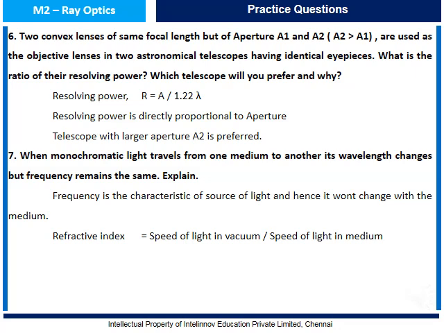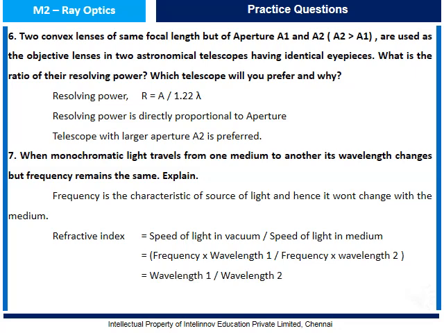Speed in turn can be given as frequency into wavelength. Thus speed of light in vacuum is frequency into wavelength 1 and speed of light in medium is frequency into wavelength 2. Thus frequency cancels out to give us the ratio of wavelengths, wavelength 1 by wavelength 2. Thus wavelength is different in different media, however frequency remains the same.